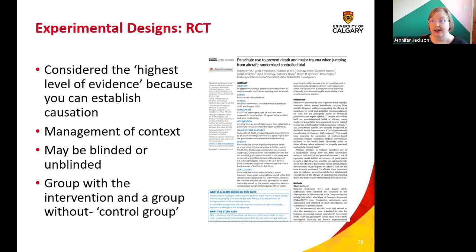So they should have statistical spreadsheets with random numbers and the outcome data, but not know which numbers are people in the experimental group and which numbers are people in the control group. So you can have single blind studies, double blind studies, but ultimately the person who's running your statistical analysis should not know who comes from what group.